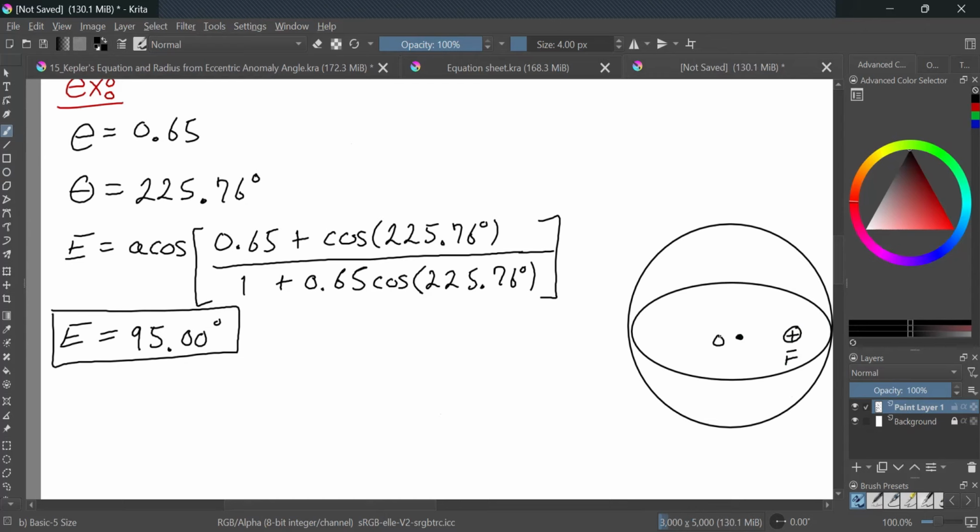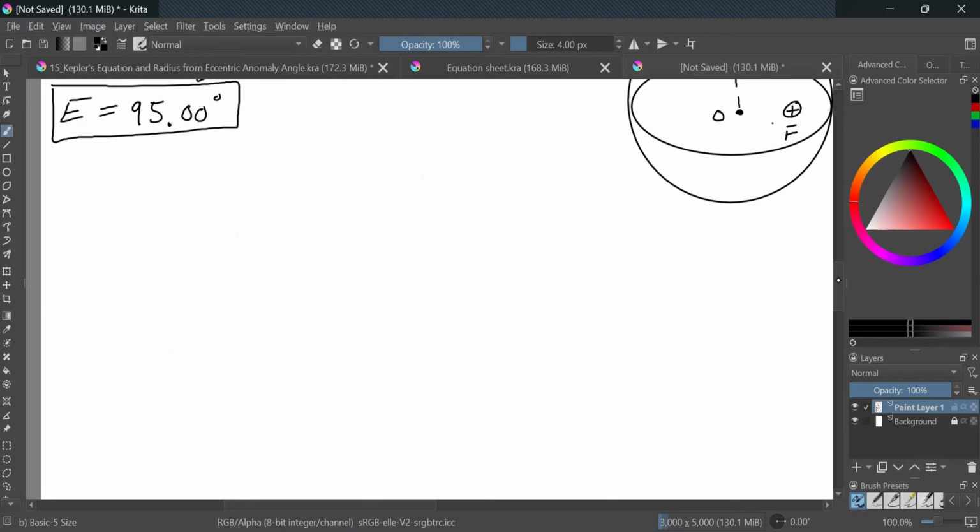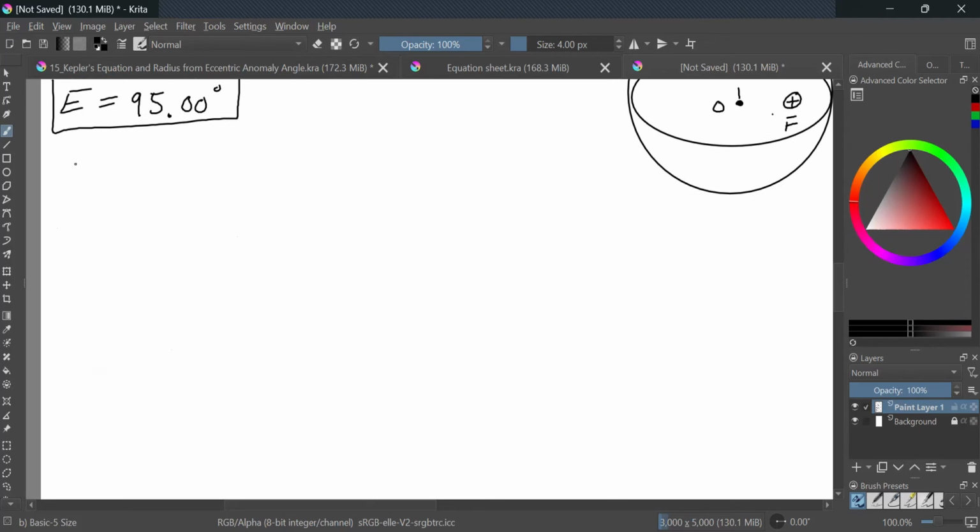Our eccentric anomaly angle is saying that we should be pretty close to 95 degrees, or straight up. Except we are looking at something that is down over here somewhere. So clearly something's not right. So it's a good thing that we have that second equation, that sine equation. And in fact, let's go ahead and solve using that equation now.